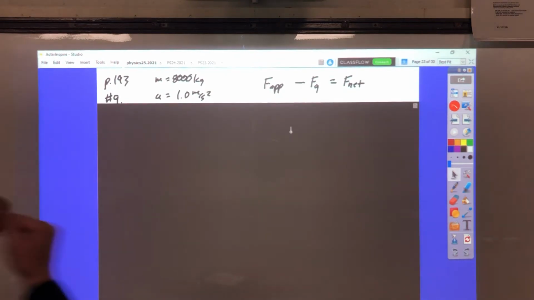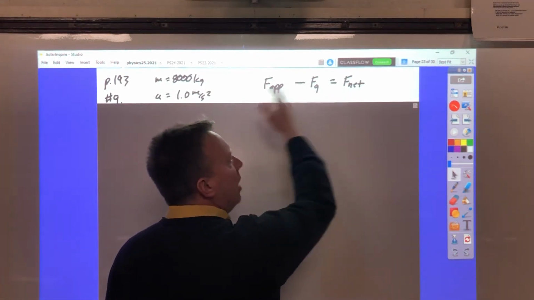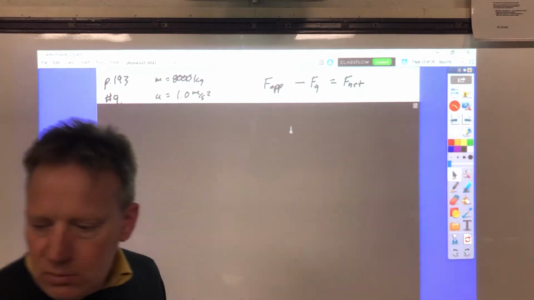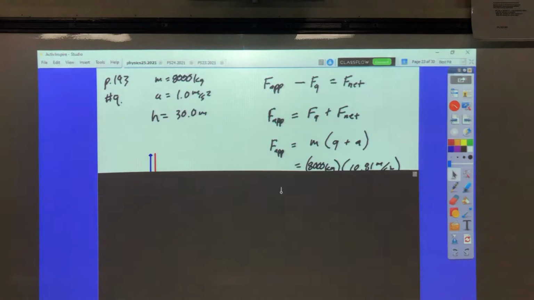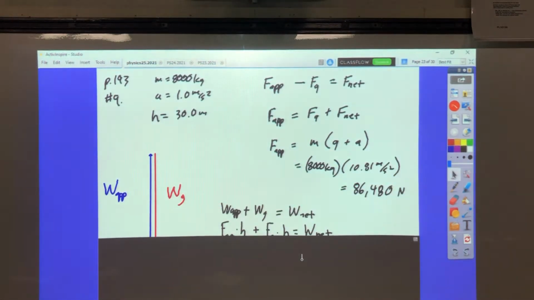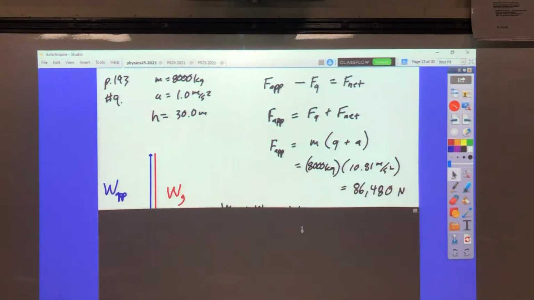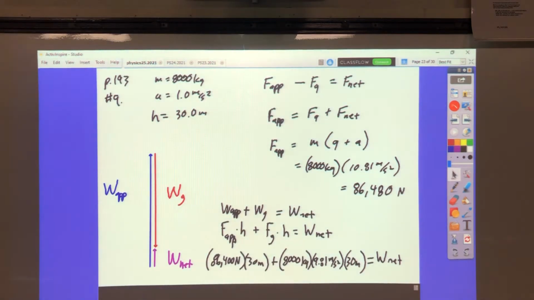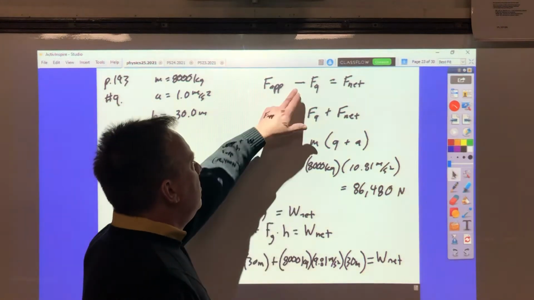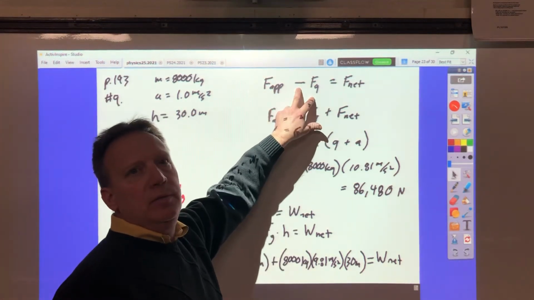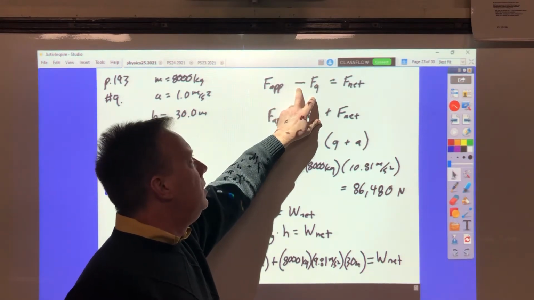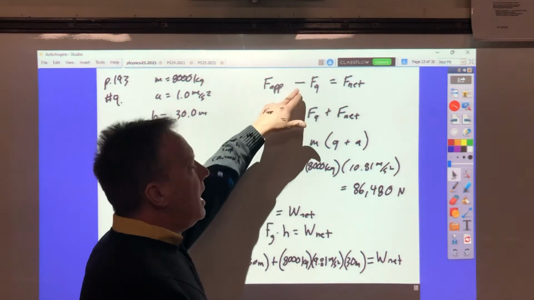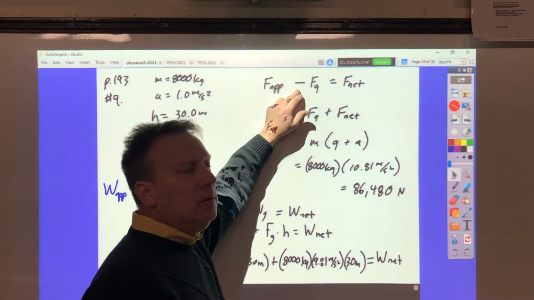So if you've got a net force, you add up your forces and you get a net. I'm supposed to add this one, aren't I? In this case, I've added it as a negative. That is going to be easier, because they're opposites. Just add it as a negative, subtract it.